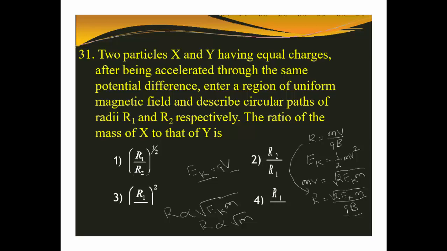If you take the ratios of masses, m1 by m2 equals r1 square by r2 square. So the option is r1 by r2 whole square. The correct option is 3.